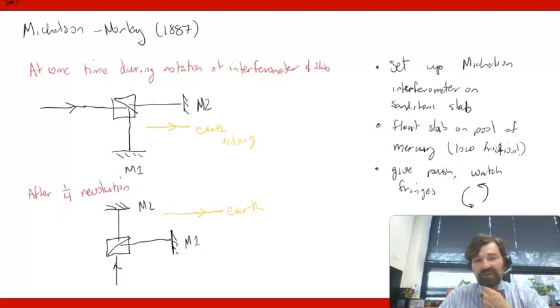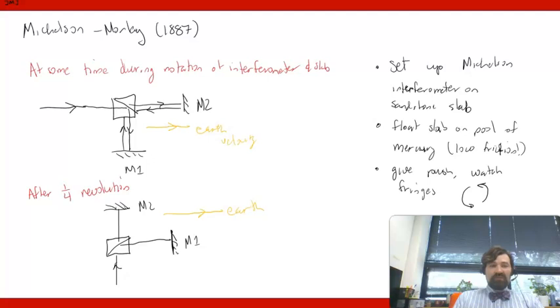It doesn't actually matter which, since the beam makes a round trip. It goes to M2 and comes back from M2, it goes to M1 and comes back from M1. So whether we're parallel or anti-parallel doesn't actually matter.